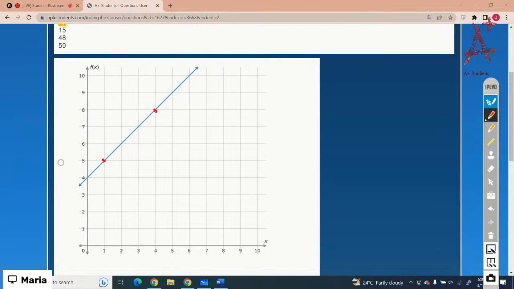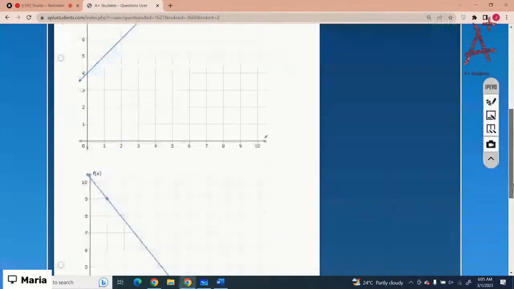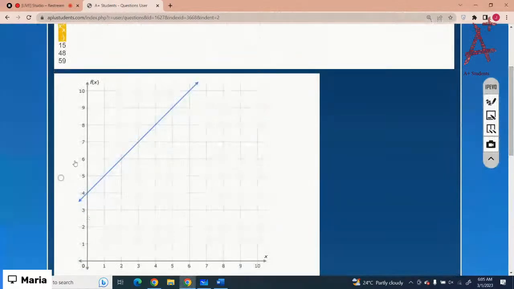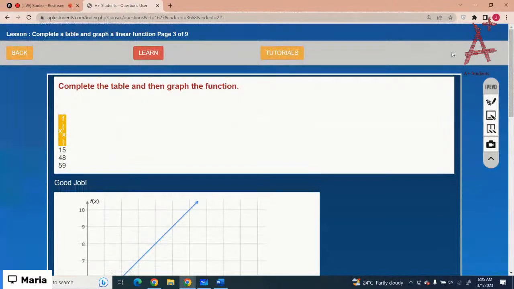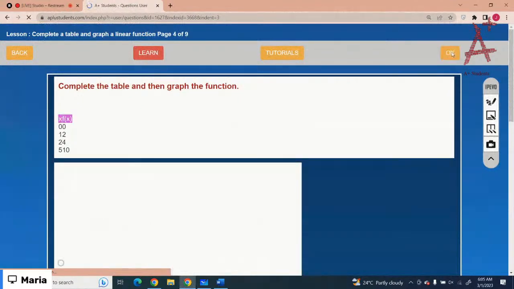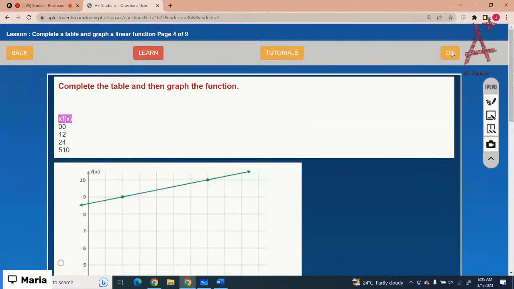Here is 4, 8. X is 5, y is 9. Here is 5, 9. Got it? So option number 1 is the correct option. Just select the correct option, then click OK button. You can just match the points on the graph, because you're not given the equations here. You are just given the completed tables. So just match the tables and select the correct option.